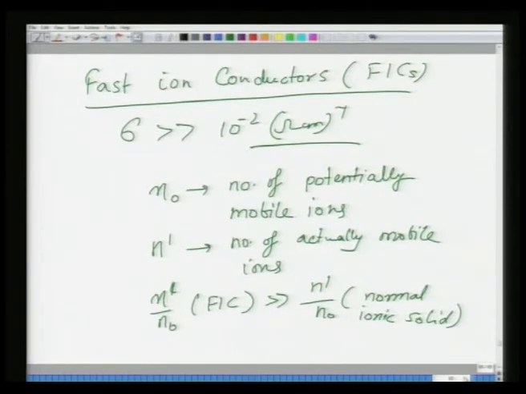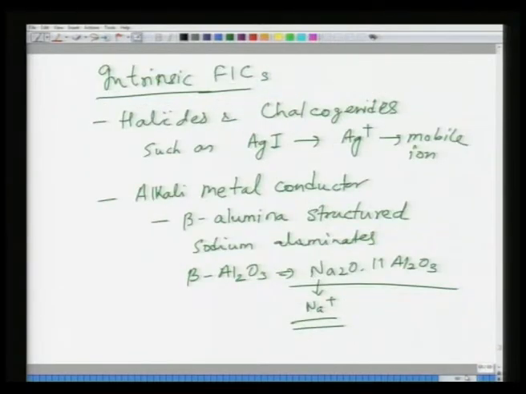In the same category you have something called a fast ion conductor, and these fast ion conductors are basically very highly conducting oxides or other ceramic materials which have conductivities higher than 10⁻² per ohm centimeter. This is because in these materials the number of actually mobile ions is a significant proportion of the number of potentially mobile ions, which is very small in a normal ionic solid.